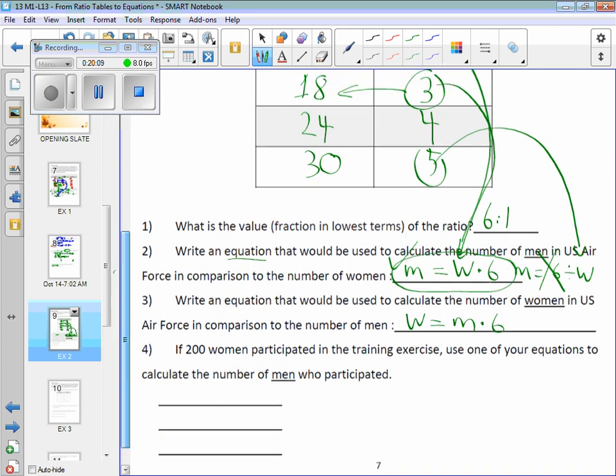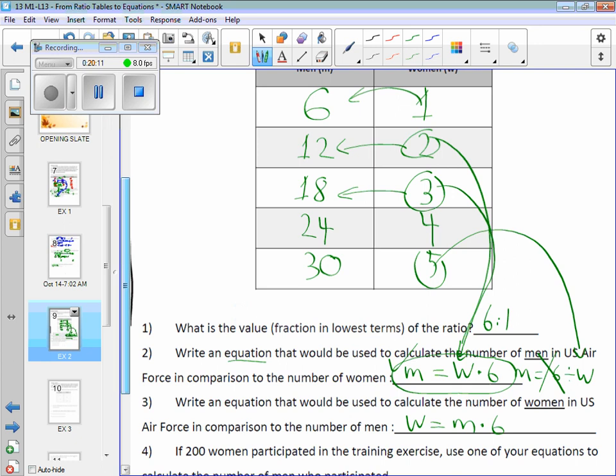Ready? Give me a value for M. Okay, ready? 18, I'm going to substitute it in, times 6. Is it 3? So it can't be M times 6. What else do you want to try?